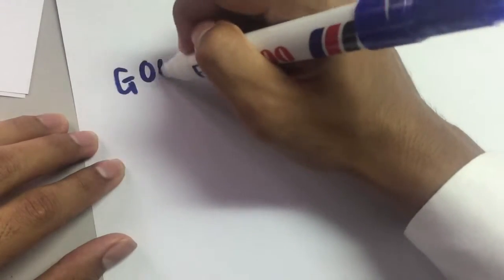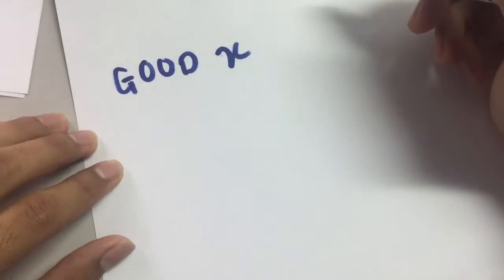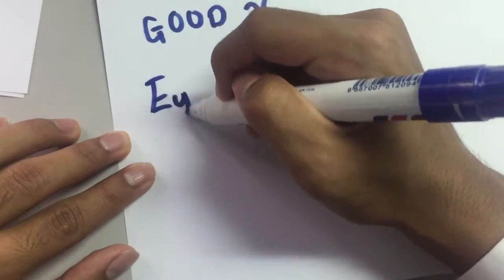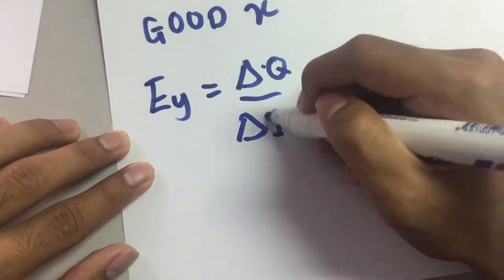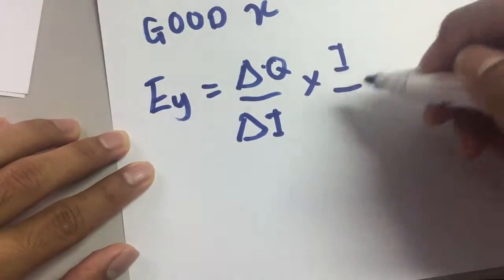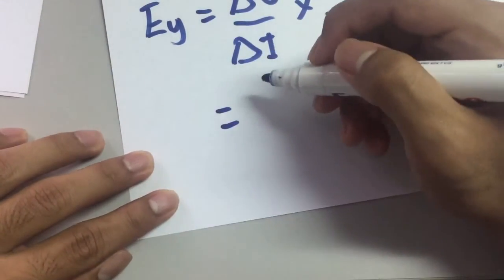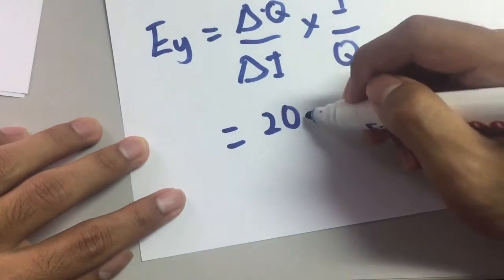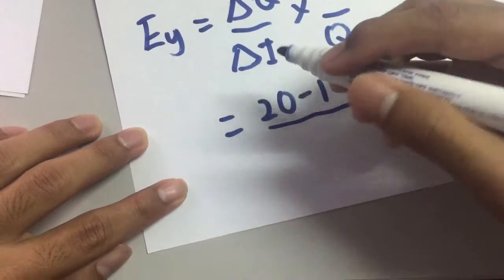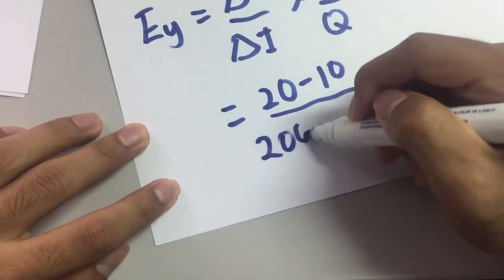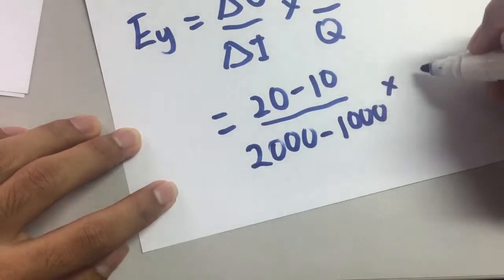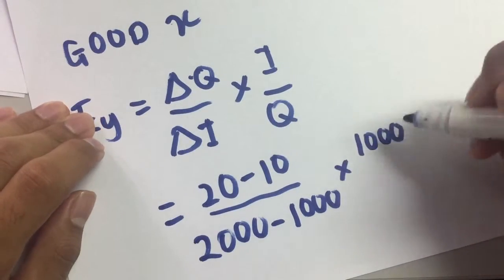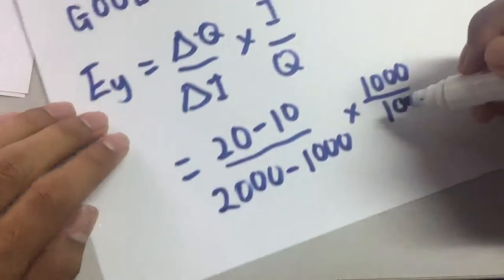Now we calculate good X. This is the formula for income elasticity: percentage change in quantity divided by change in income, times income divided by Q. Now, the new quantity minus old quantity, and new income minus old income, times old income divided by old quantity.